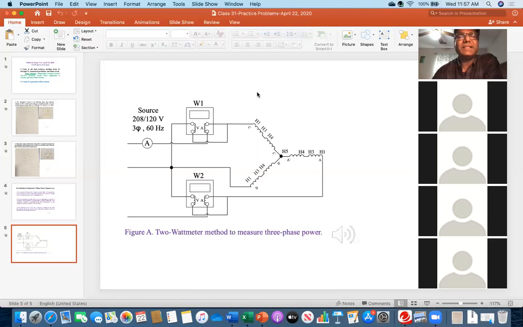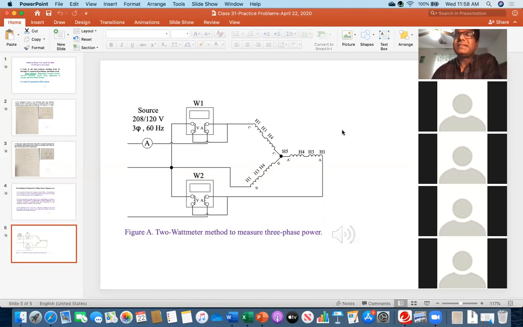In that case, this is your only chance to learn this. That's why I am emphasizing this especially for computer students. You will remember in real life, if you are working in some company and you need a 3 phase power measurement, then please use only 2 wattmeters in that fashion, and that will be fine. Then you just sum up whatever the readings are, 200 watt, 200 watt, total 400 watt. That will give you the 3 phase power.